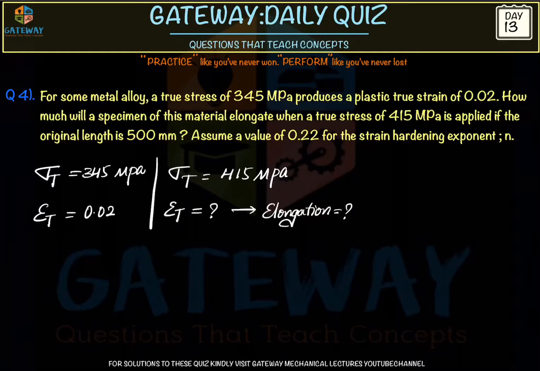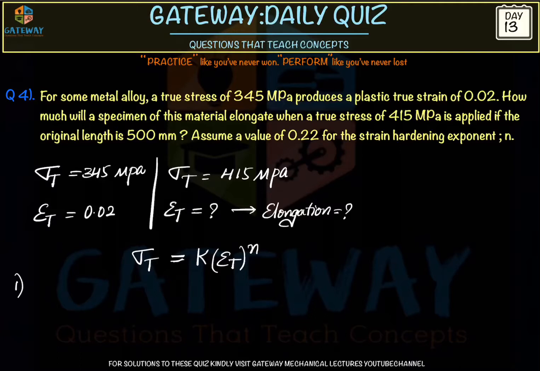For this, we need to use the relation between true stress and true strain, which is given by true stress equals K times true strain to the power n, where K is the constant of proportionality and n is the strain hardening exponent.